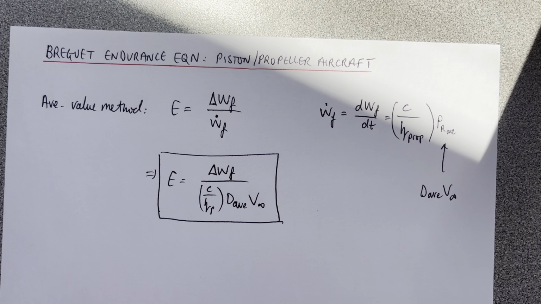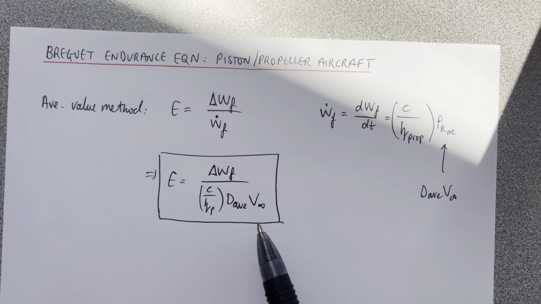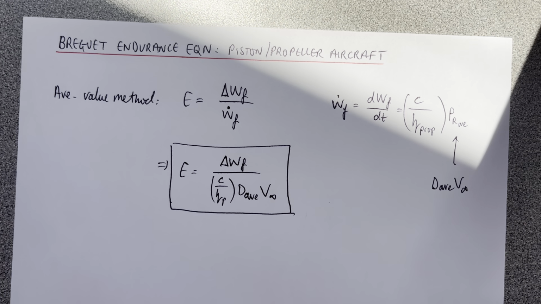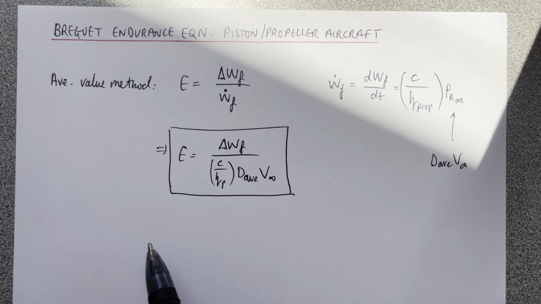Now, the main problem with this, and the reason why we're going to extrapolate this into the Breguet method, is that this equation does not take into account a change in velocity due to a change in aircraft weight. Let's go back and see what I mean by that.